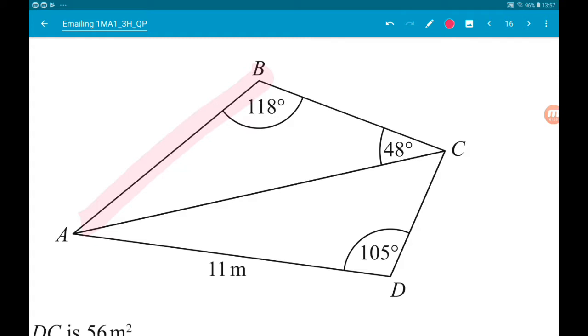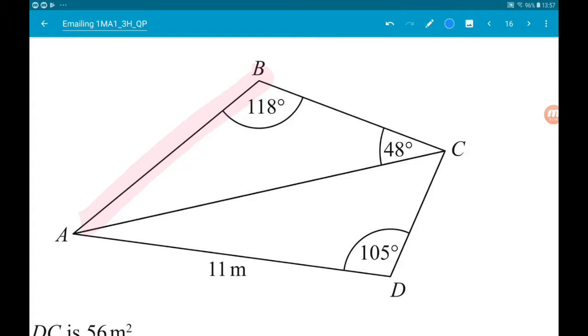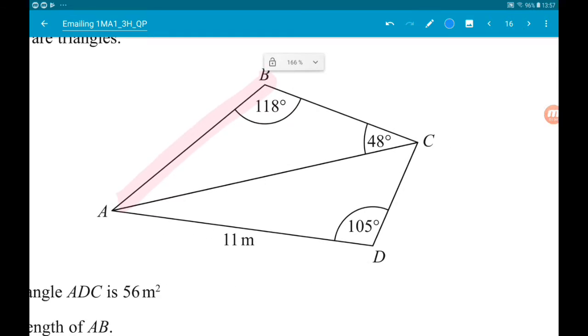So we do know that the area of this bottom triangle is 56 meters squared. Now, we can use the area of a triangle with trigonometry then to find the length DC. When we know that length, we can then use the cosine rule to find the length AC. So, let's first of all find DC.